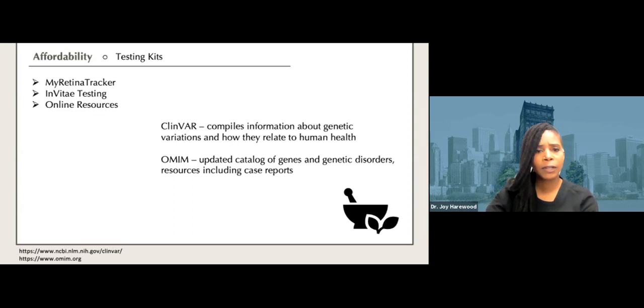I can say that at Bronx Care, the one that we used was Spark Therapeutics. We would order through their website, and again, we would do a buccal swab, send it back, and get the genetic testing results relatively quickly. So this is something that you can do.